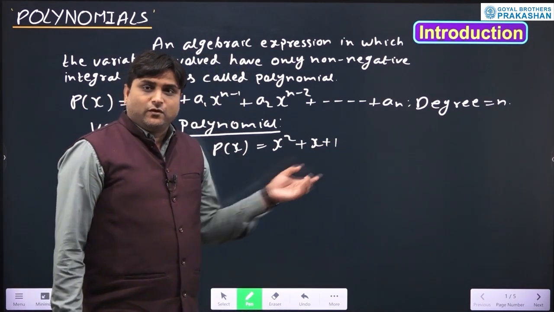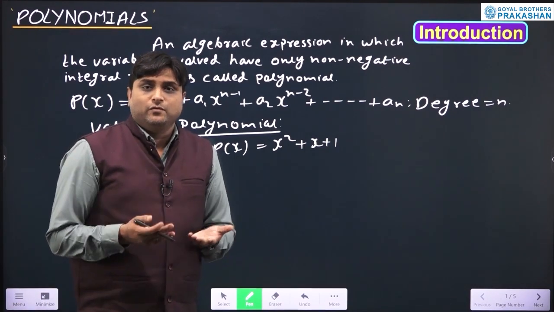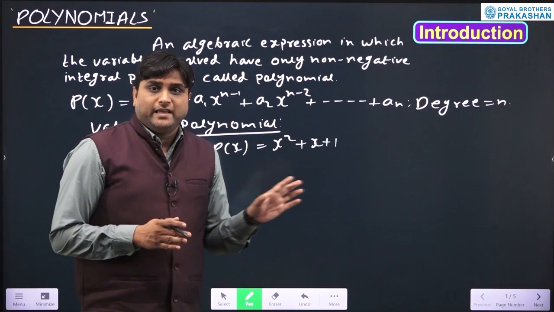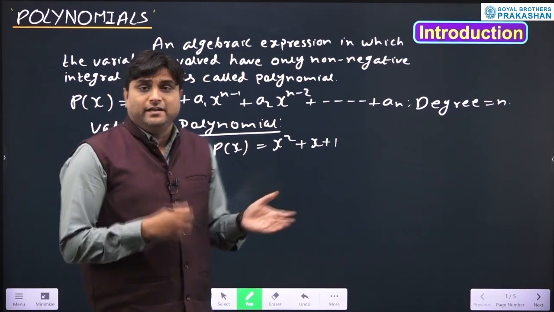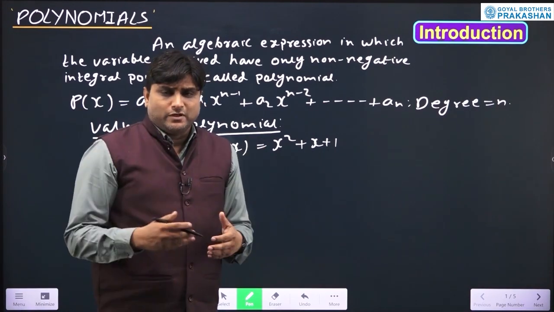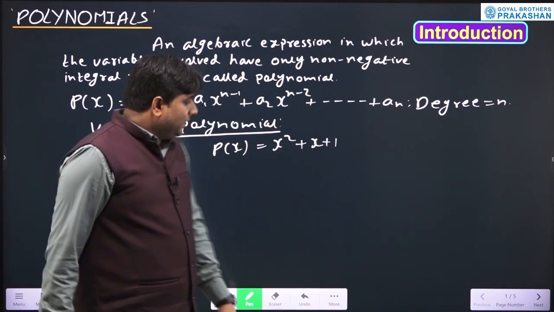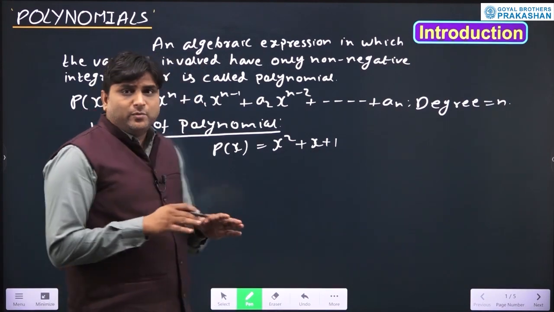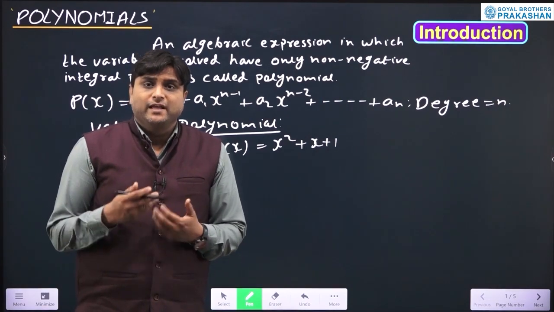In this case, for this quadratic polynomial, there is no value of x for which the value of the polynomial becomes 0. So it has no 0. About this we are going to study in detail in this chapter, and in other chapters also. In the quadratic equation chapter we will study in detail about quadratic polynomial and quadratic equation.